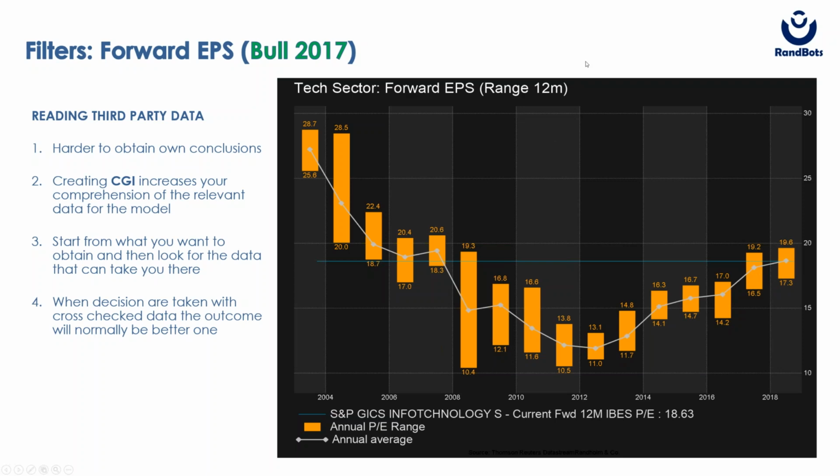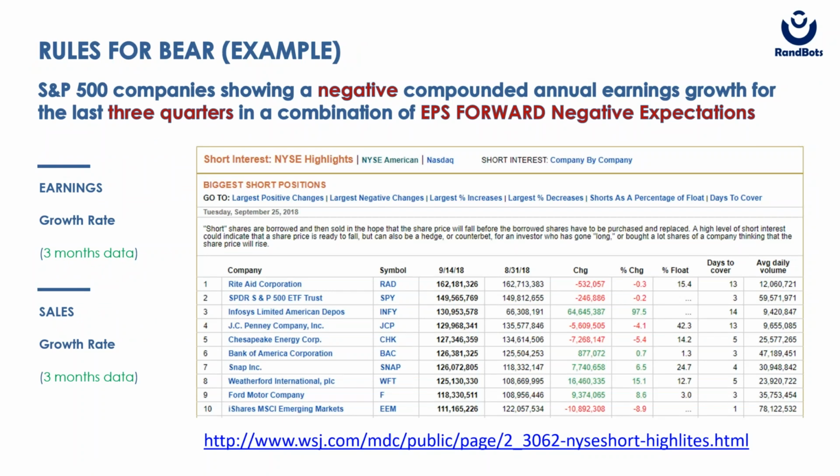Here is an example for the bears. This chart comes from the Wall Street Journal. This is publicly available. This is why I show you this. Yes, it comes with a certain delay, but it's still valuable.